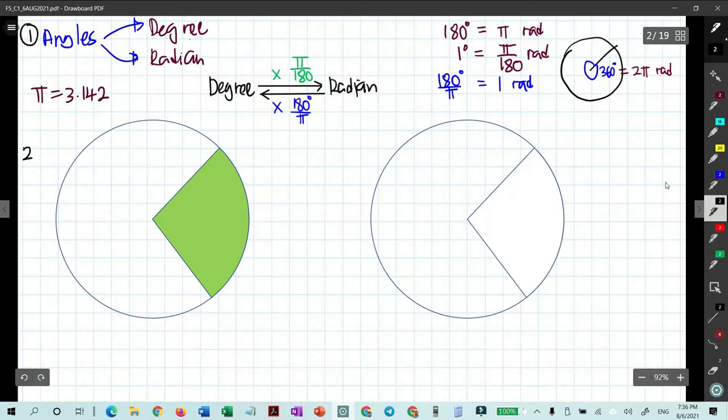The second thing that you must know in this chapter is about the length of arc, or we call it arc length. Okay, so what is actually arc? So if you take this diagram, this circle consists of two sectors. So we have a major sector and there's a minor sector here.